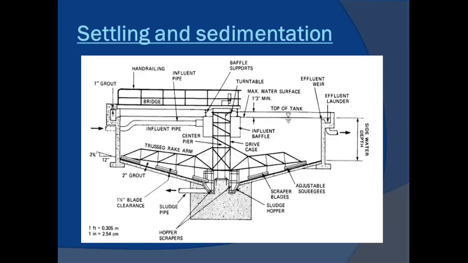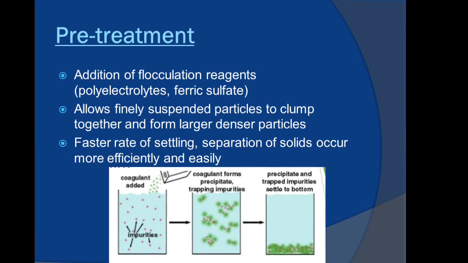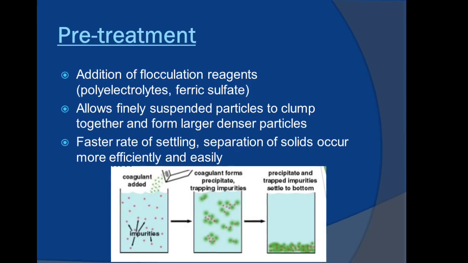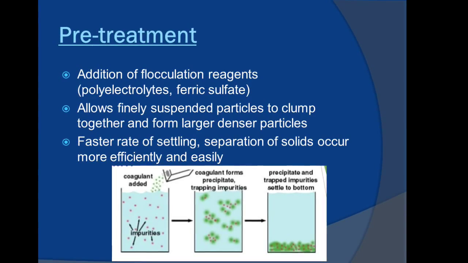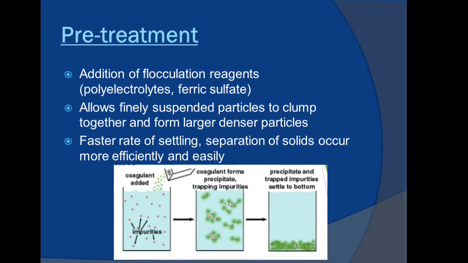The most common form of sedimentation follows three steps: the pre-treatment process, flotation and skimming, and finally the settling and scraping. Firstly, the pre-treatment process involves coagulation followed by the flocculation process, by the addition of reagents such as polyelectrolytes and ferric sulfate.